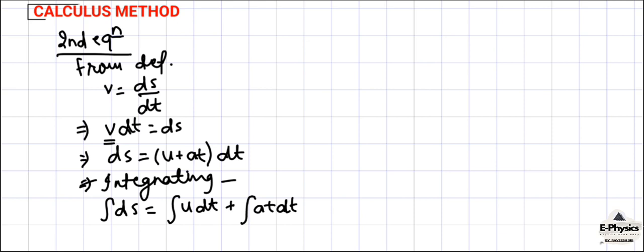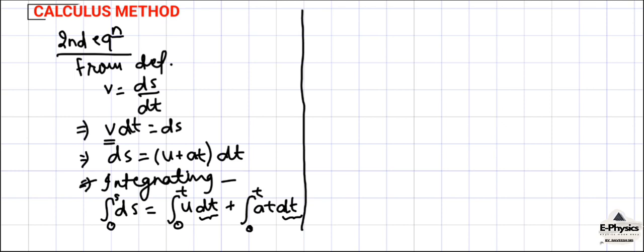Let us consider the initial position was at 0 and it went up to s, and here we have to integrate with respect to time. Let us consider initially the time was 0 and the final time was t. Here also we have to integrate with respect to t, with initial time 0 going up to t. Now, when we integrate it, what do we get over here?